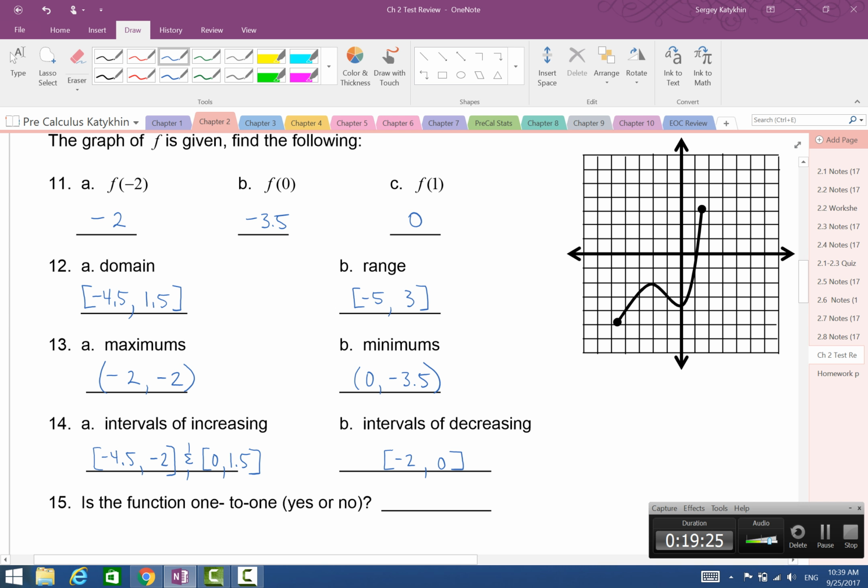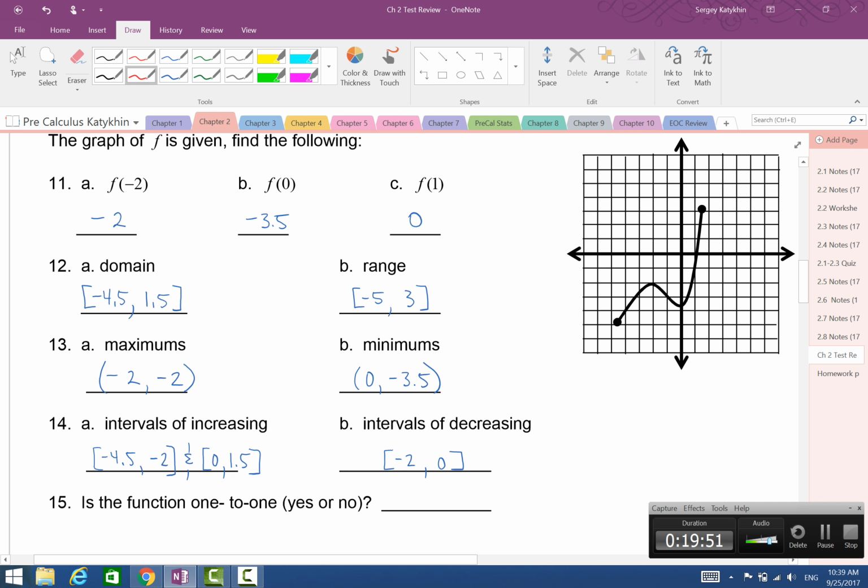Is this function one-to-one? Well, remember, for us to know if it's a one-to-one function, we have to do the horizontal test. And very clearly, hopefully, you can see that if I draw a horizontal line, there's going to be an issue. It crosses there, there, and there. Therefore, there are 3 places where it intersects.